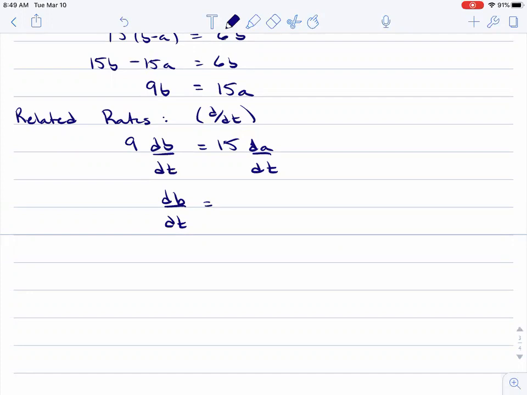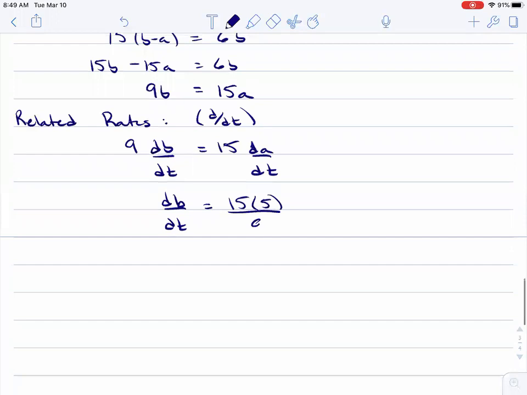Anyways, 15 times 5, and it was increasing, so it's positive, divided by 9. I'll just do it here. 15 times 5 divided by 9 is 8.33, repeating. So approximately 8.33 feet per second. Just to keep it on the same page.